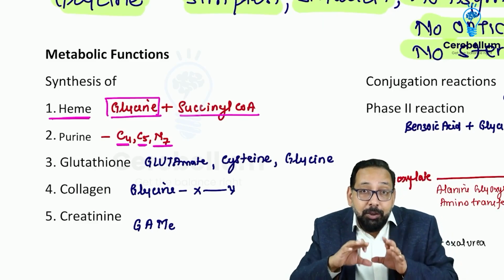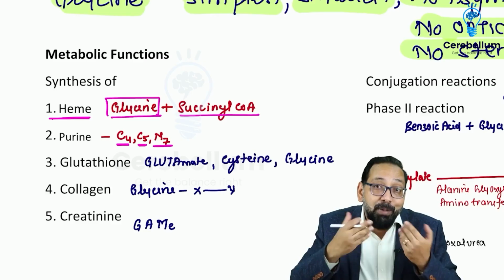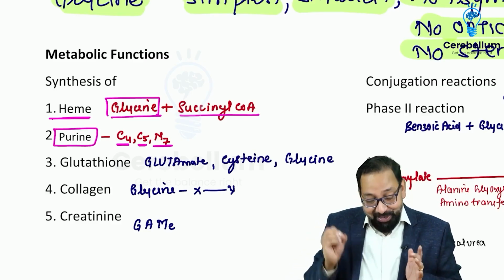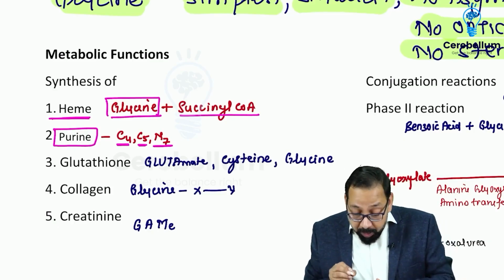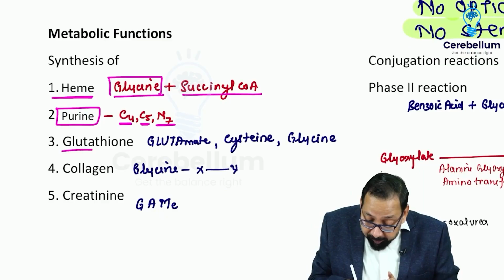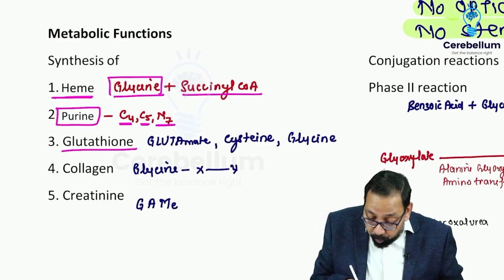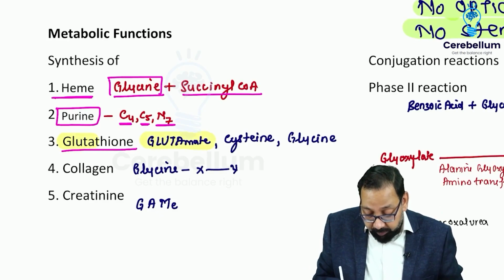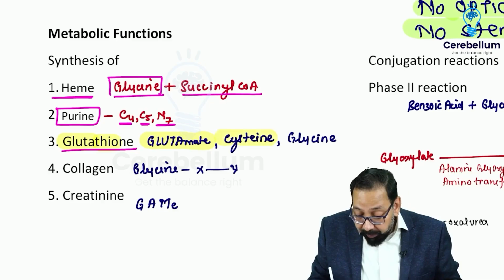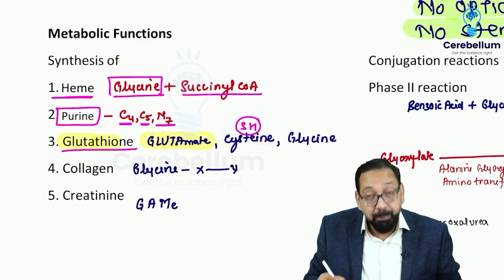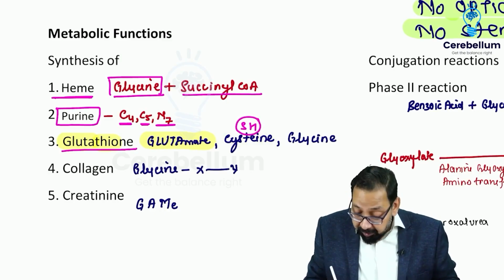So glycine is utilized completely in purine. So it is used in purine. It also takes part in synthesis of glutathione. You can easily make a mnemonic: gluta means glutamate. Thio means cysteine. Cysteine has an SH group, and you know SH group means thiol group.